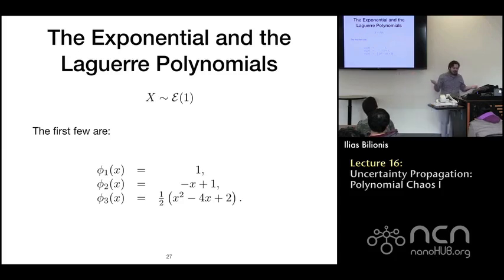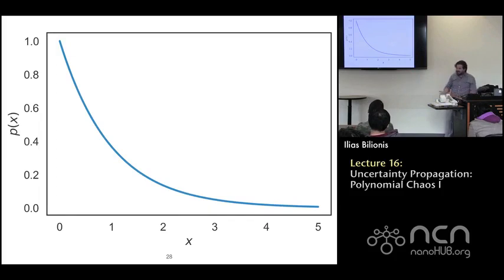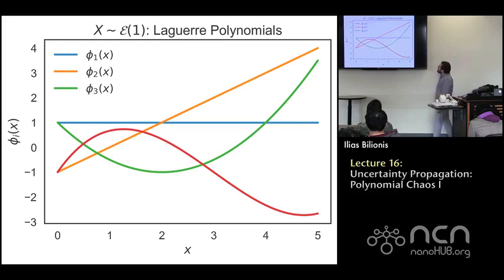But they have a name: the Laguerre polynomials. So this is the probability density that corresponds to the Laguerre polynomials, a probability density that puts weight only on positive x's. It is 0 here, so the polynomials are not even defined in that space. It doesn't matter what they are. And here's how they look.